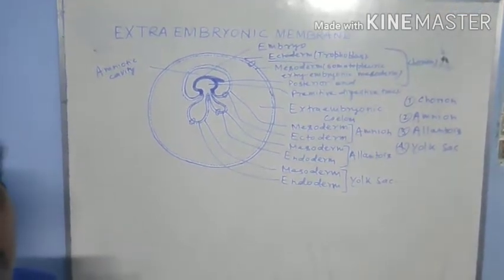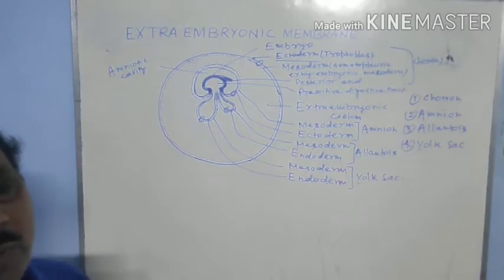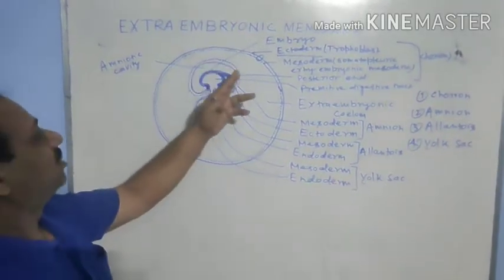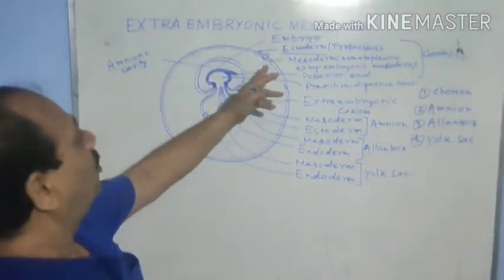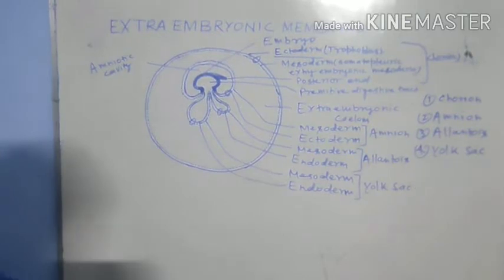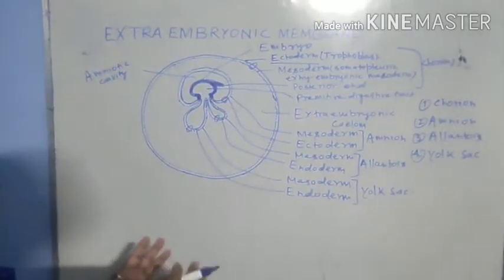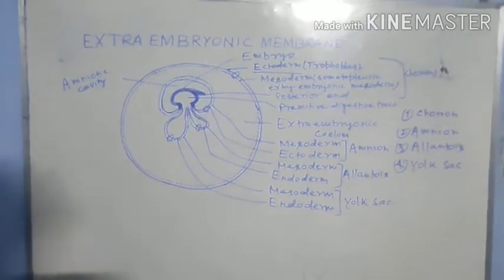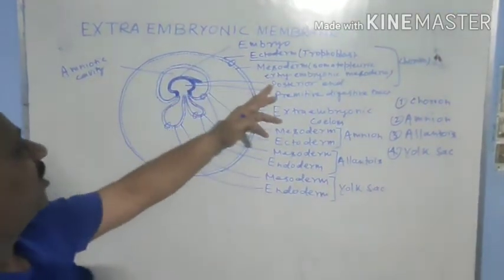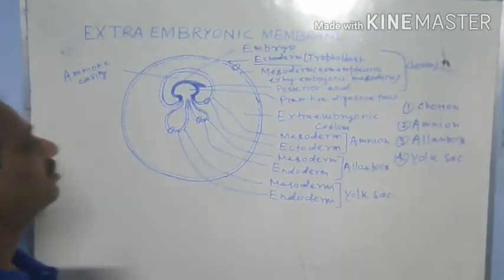The umbilical cord is a rope-like structure which connects the developing embryo and the placenta. The chorion protects the developing embryo, and it consists of two layers, outer ectoderm and inner mesoderm.